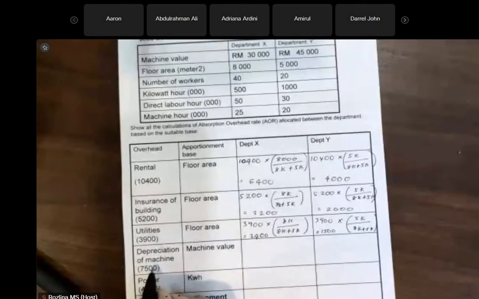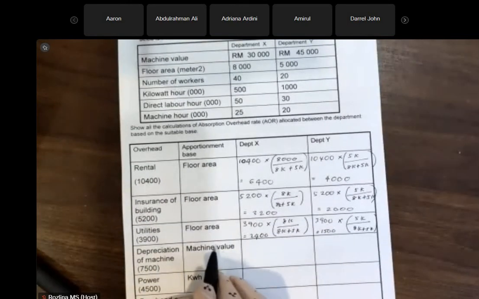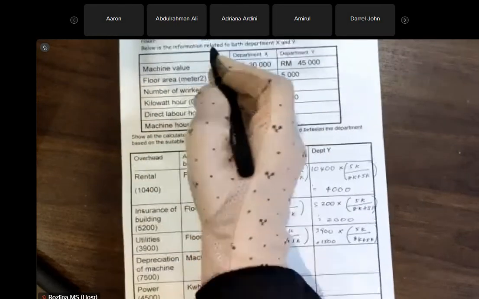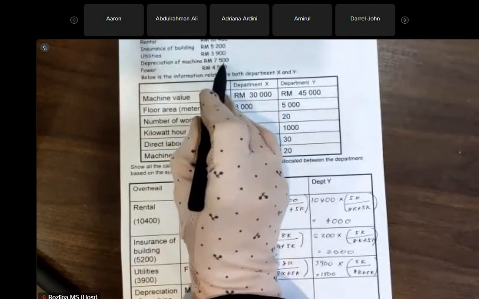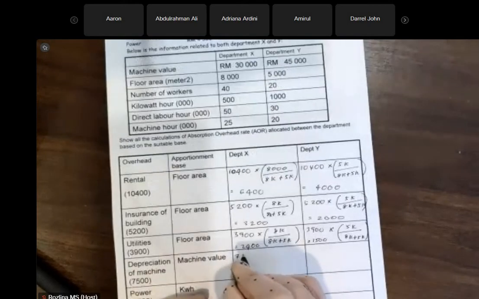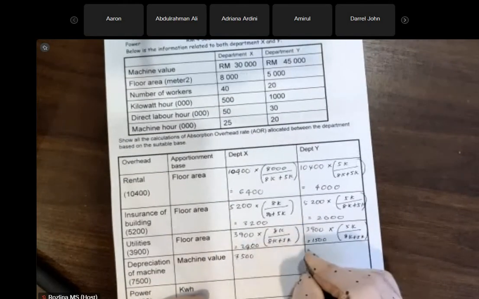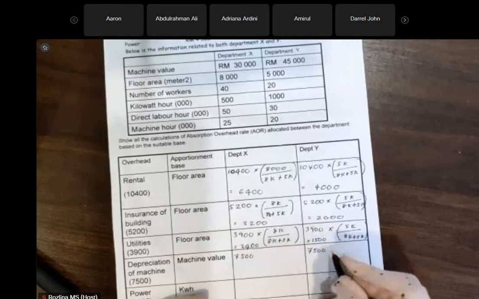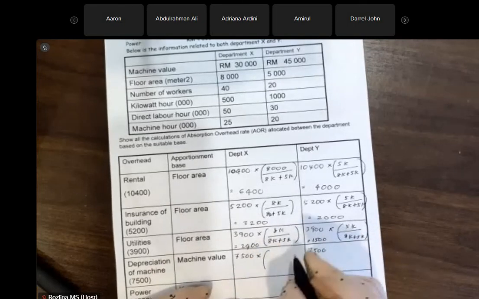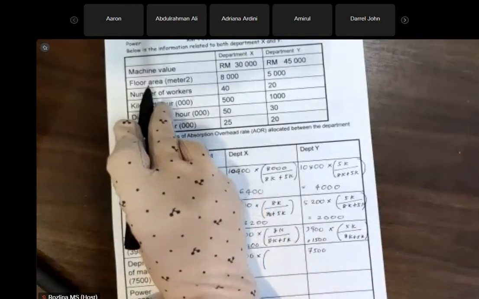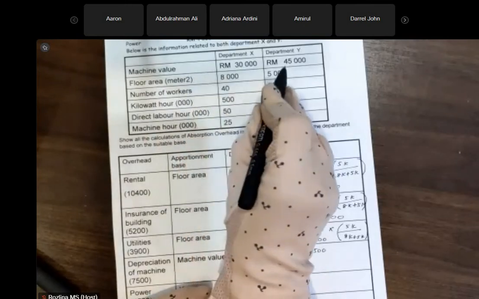Okay, depreciation of machine. It is based on machine value. What is the depreciation cost? 7,500. So 7,500 must be absorbed based on the portion. So what is the portion? Machine value, 30 and 45.